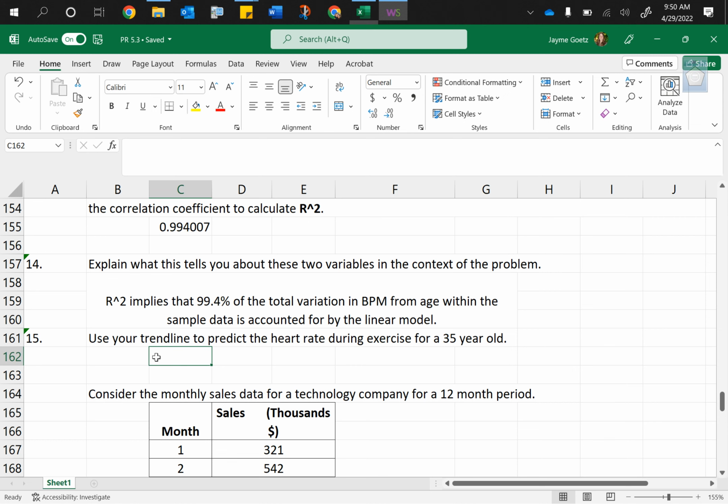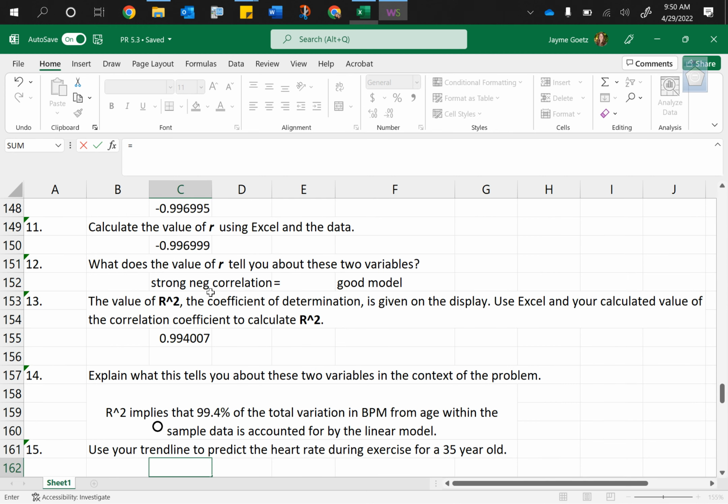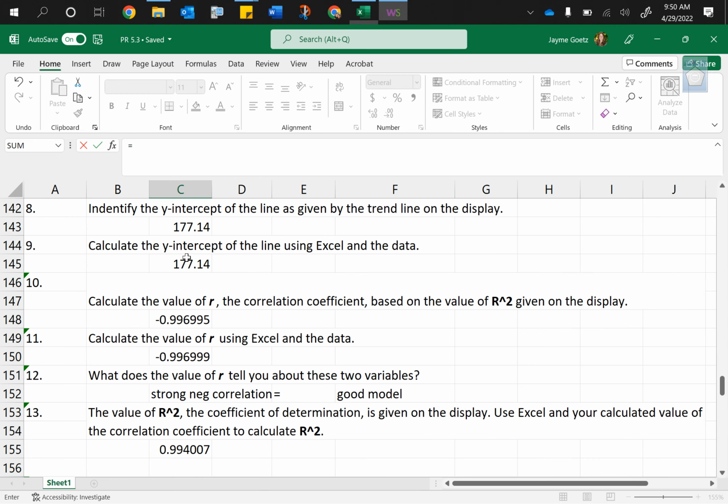Then finally it says use your trend line to predict the heart rate during exercise for a 35-year-old. Am I going to put that 35 in for X or Y? Age is X. So what we're going to do is use our cell references. Use your cell reference for your y-intercept. So I have to come up here and find it.